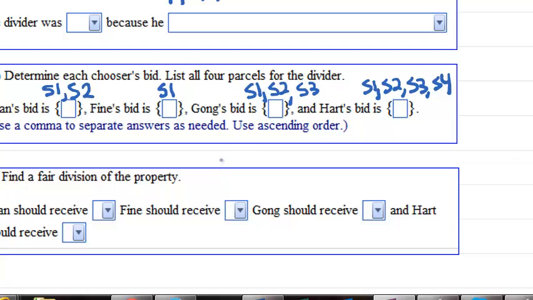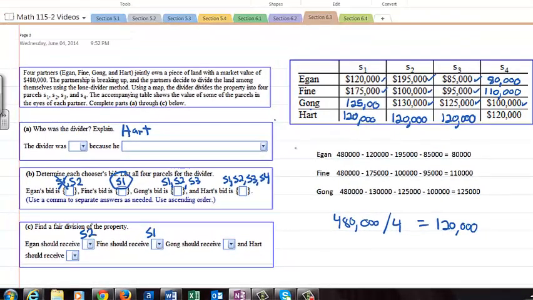First, see if any player or players must have a particular share and start with those players. Fine must have share 1. Since Egan can only accept share 1 and share 2, and share 1 is gone, Egan receives share 2.